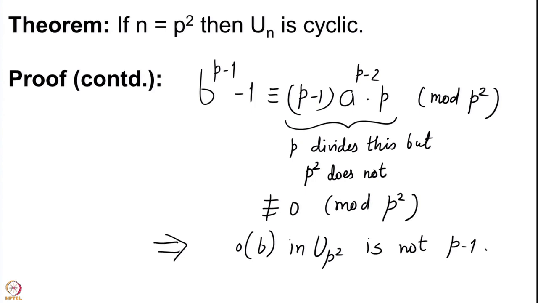So, once again what we did was that we observed first of all that U_p is cyclic. So, U_p has to have a primitive element. Secondly, a primitive element in U_{p^2} has to be a primitive element for U_p when you go further modulo p. So, we will start with the primitive elements modulo p and check its order mod p squared.